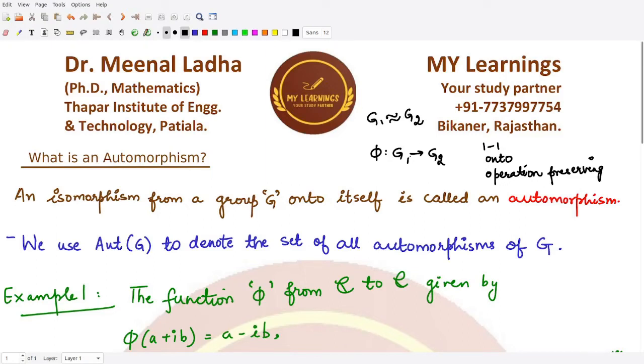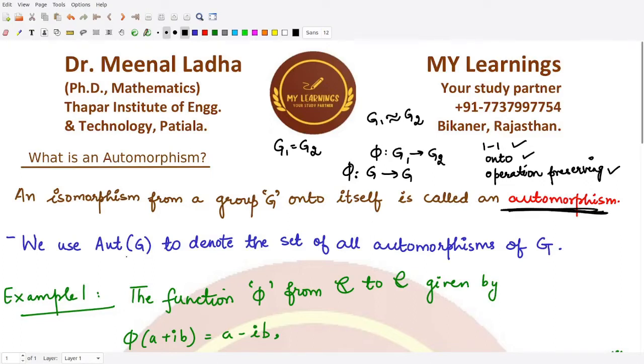Now, if the groups G1 and G2 are the same group, that means we define this mapping from the same group to the same group such that it is one-to-one, onto, and operation preserving, then we call that isomorphism an automorphism. So this is the definition.